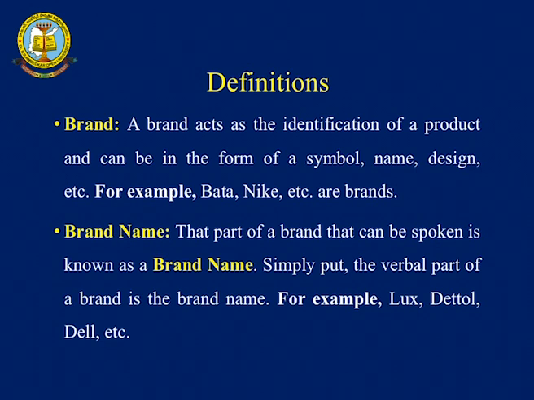So I repeat, a brand is a name, term, sign, symbol or design, or it can be a combination of these, that identifies the maker or seller of a product or service. In simple terms, dear students, let us look at this definition. A brand acts as the identification of a product and can be in the form of a symbol, name, design, etc. For example, Bata, Nike, Dr. B.R. Ambedkar Open University, etc.